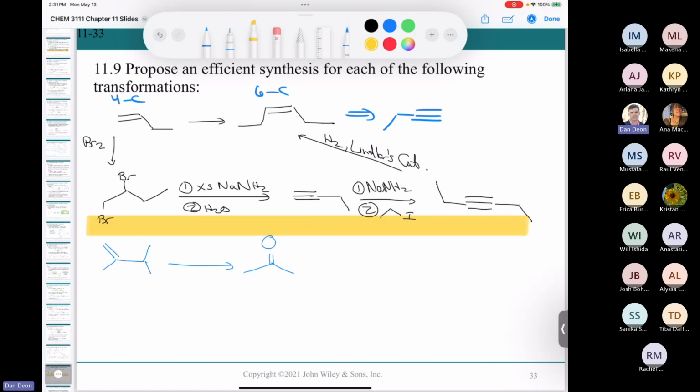Anybody solve this one? Could anybody give me a strategy of where you might start with this one? Because you're going from 6 carbons to 3 carbons, which is kind of funny. You're cutting it in half. Anybody have an idea where to start with this one? I'm genuinely interested in what my students have proposed.